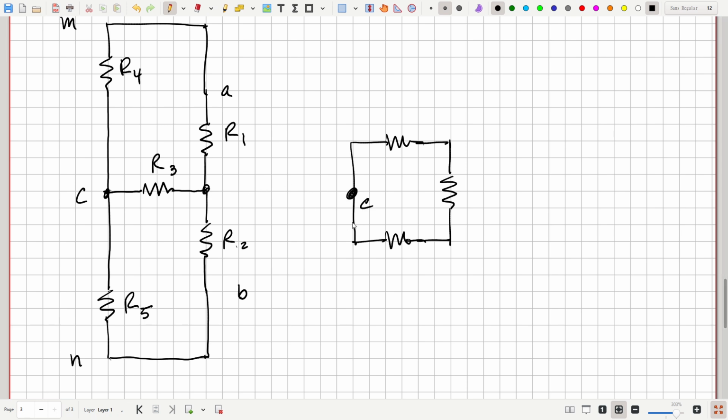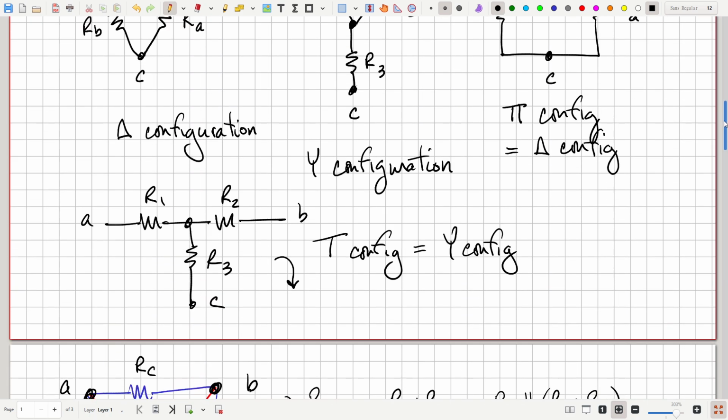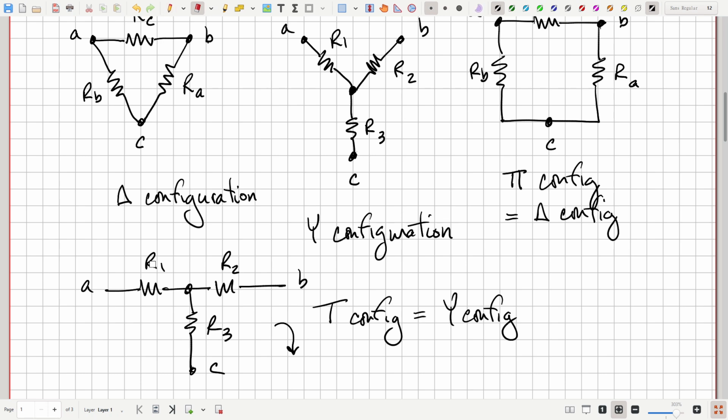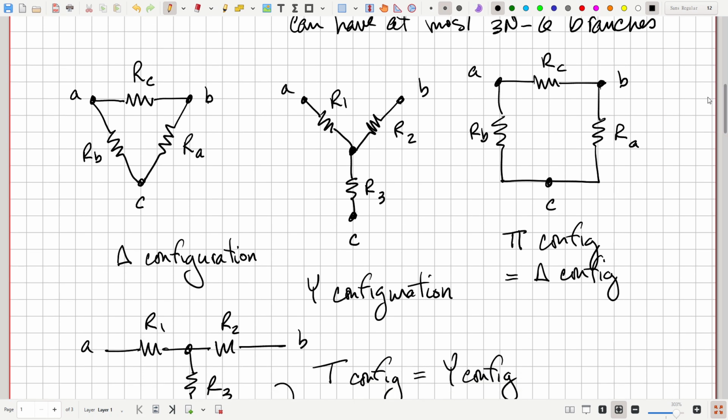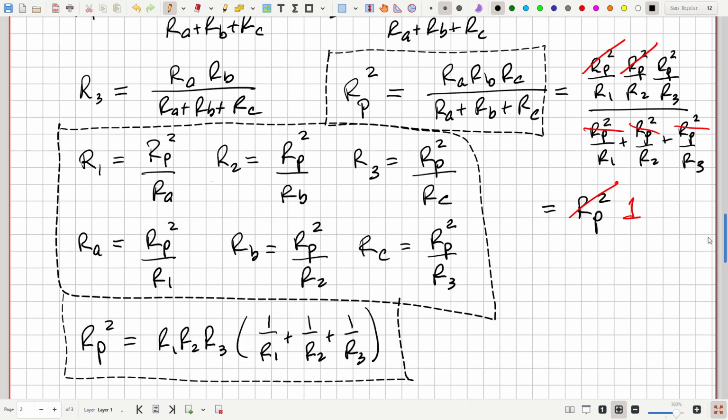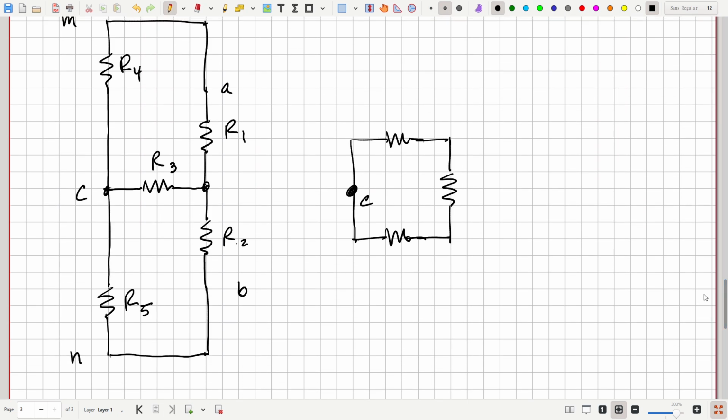That's still C. Now, R1, 2, and 3 will transform to A, B, and C. This will be A, B, and C. Okay? And then again, this is node A, and this is node B and node C.